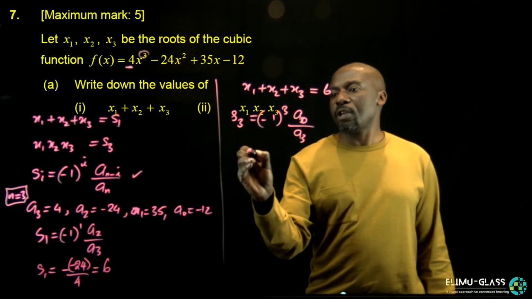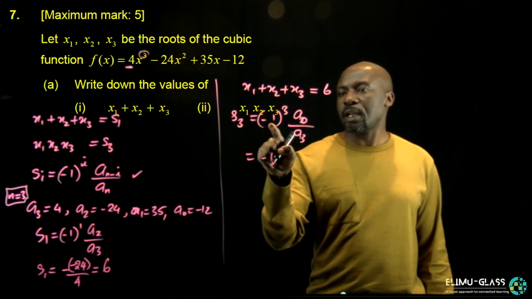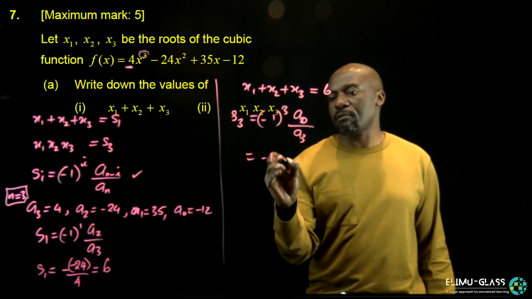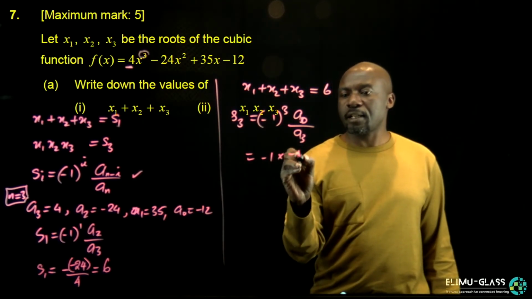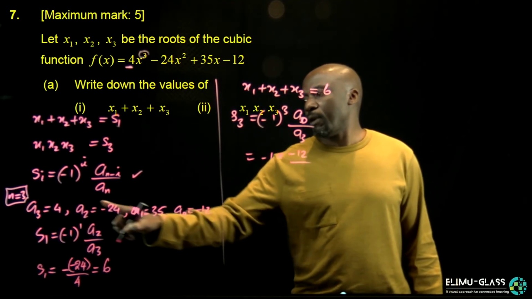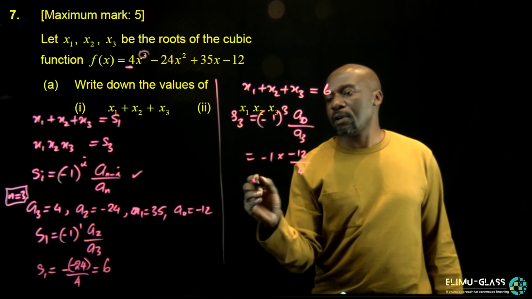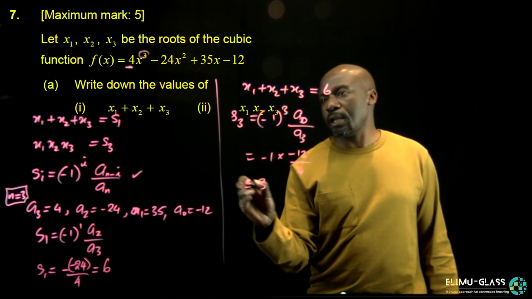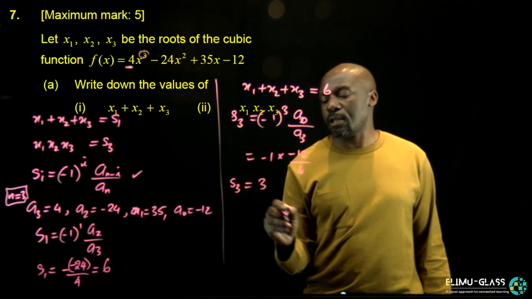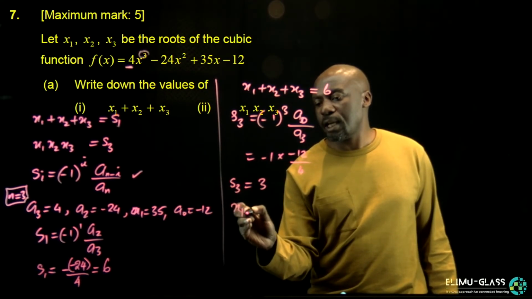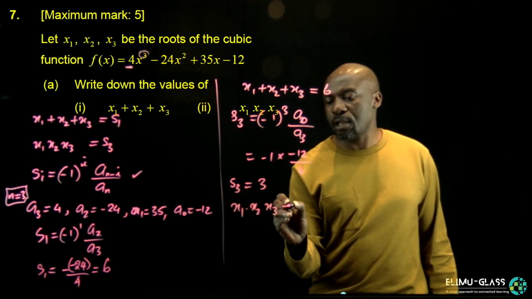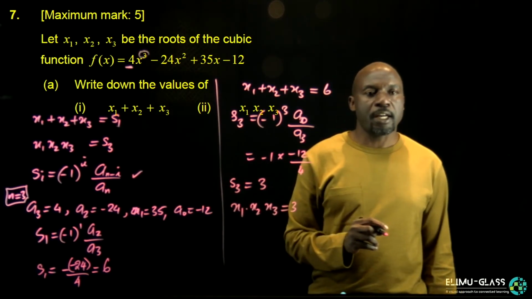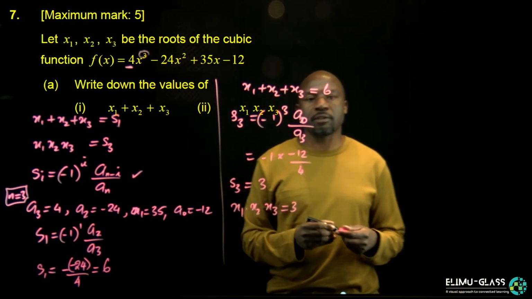Negative 1 to an odd power is negative 1, times A0. Our A0 is negative 12 and our A3 is 4, so this gives me 3. So S3 is 3. We are saying that the product x1 times x2 times x3 should be 3. So that is how we solve the first part of the problem.